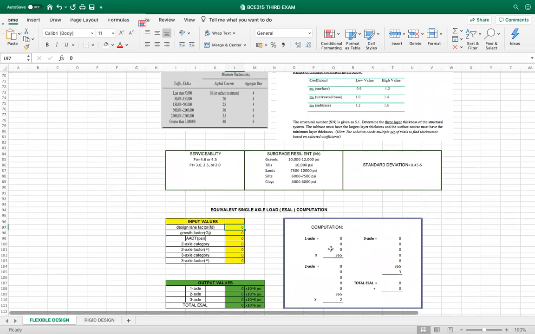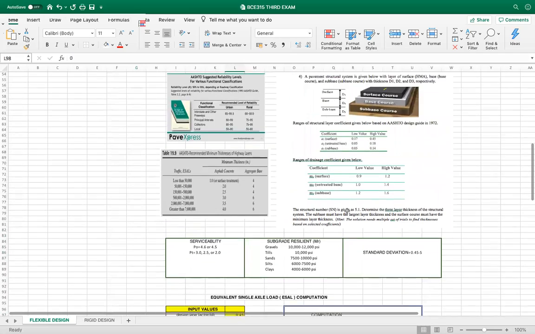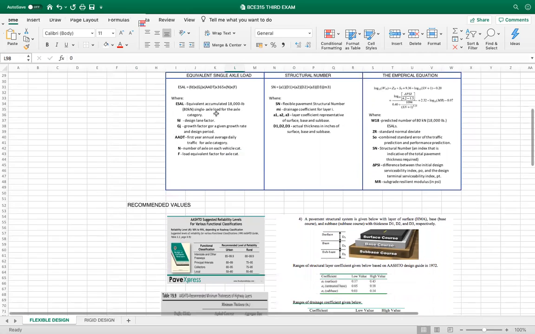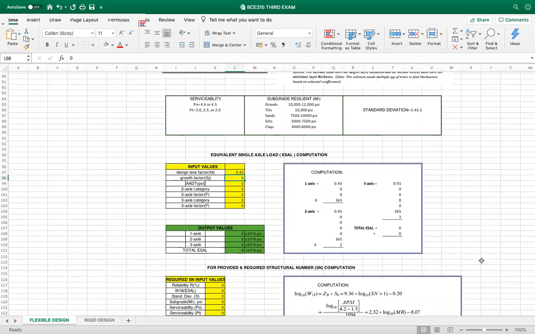The design lane factor FD is 0.45. The growth factor GY is 29.78.